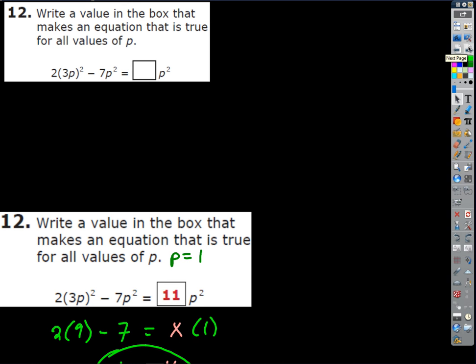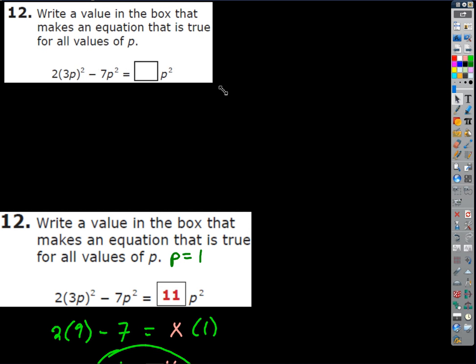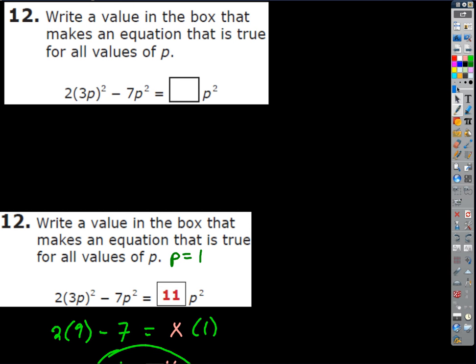So what about this one? We can do the algebra. This is just a property of exponents situation, isn't it? So if I'm taking a product of 3 times p to the power 2, what do I do there? What is (3p) squared? 3 squared times p squared.